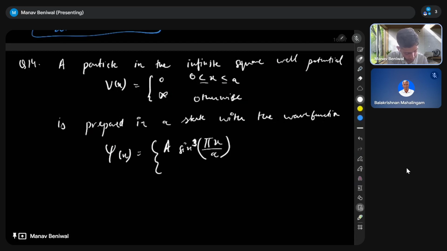Okay, this is sine cube pi x over a for 0 to a, or 0 otherwise.